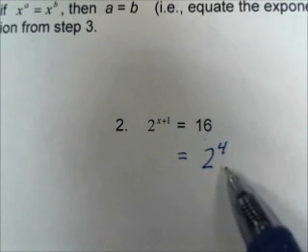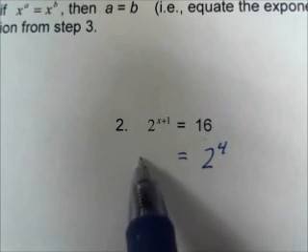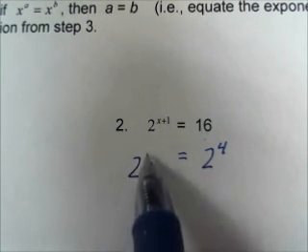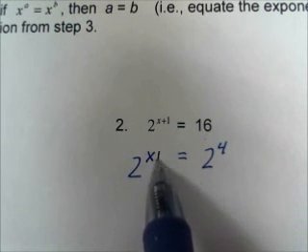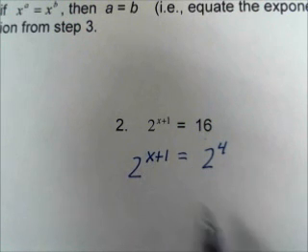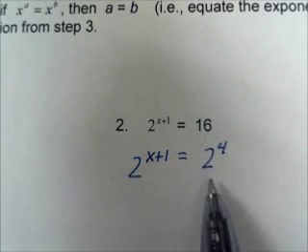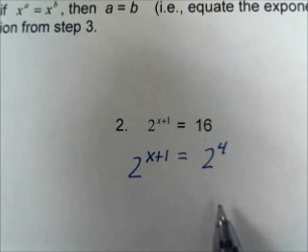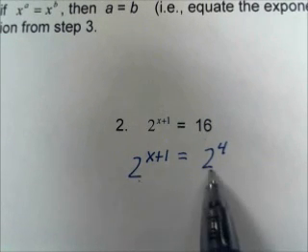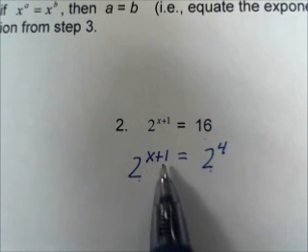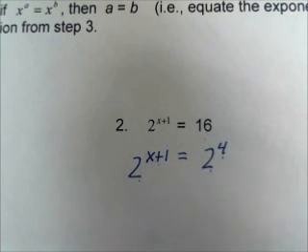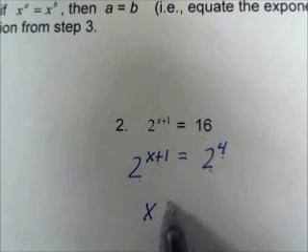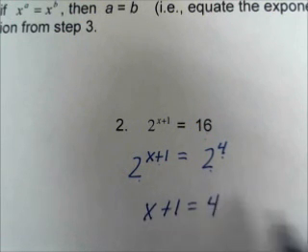So replace 16 with 2 to the 4th. Let's just copy down the left-hand side, 2 to the x plus 1. So we have 2 to the x plus 1 equals 2 to the 4th now. Same bases, equate the exponents. So x plus 1 must equal 4.